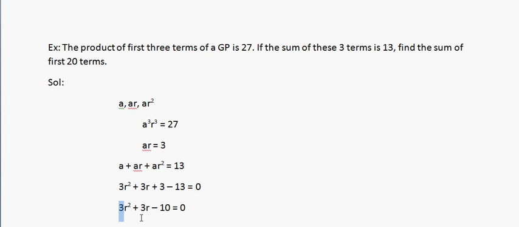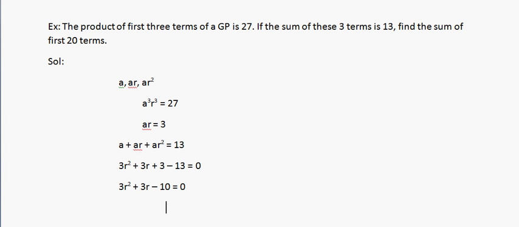So how do we do it? 30 can be written as 3 into 2 into 5, right? So can we make factors in such a way that we get 3? No, perhaps we cannot, right?